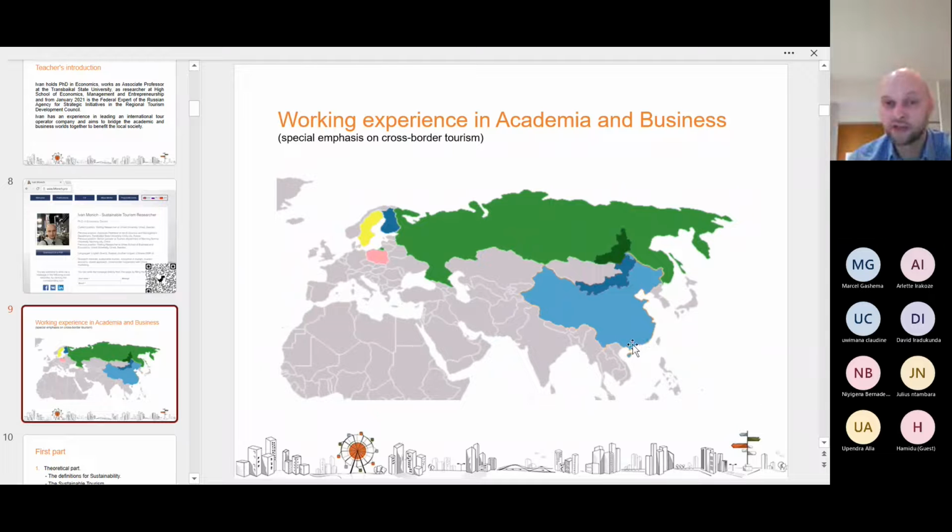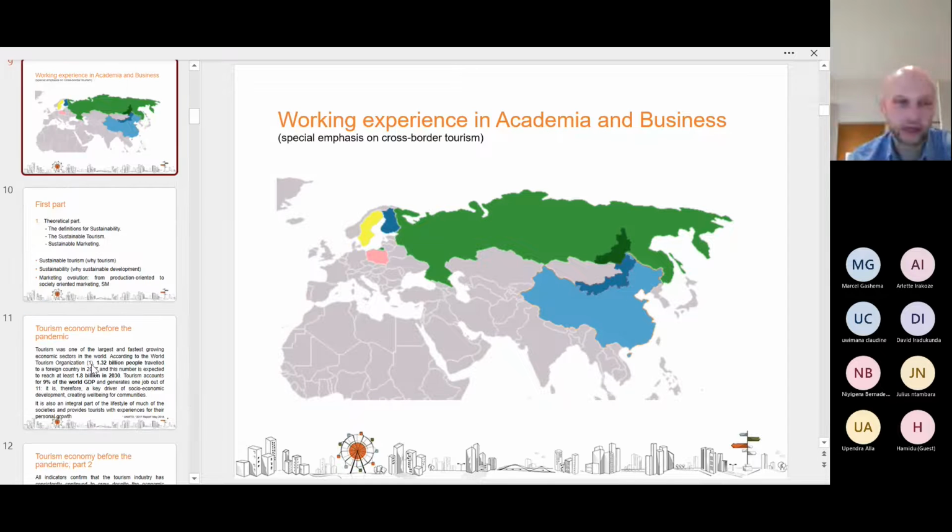The population of the province is comparable to the population of entire Poland. Poland, if I'm not mistaken, has 40 million population, and Guangxi, as a region in eastern China, has 50 million. And Nanning, as a capital, has 8 million population.